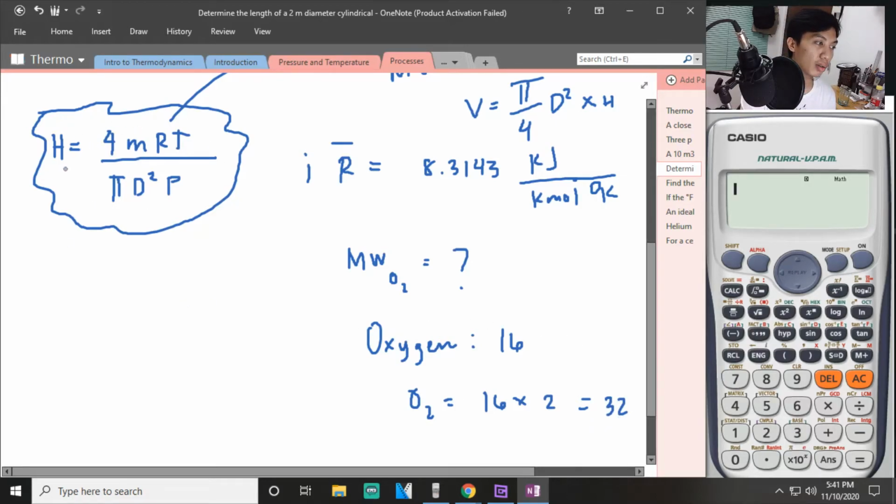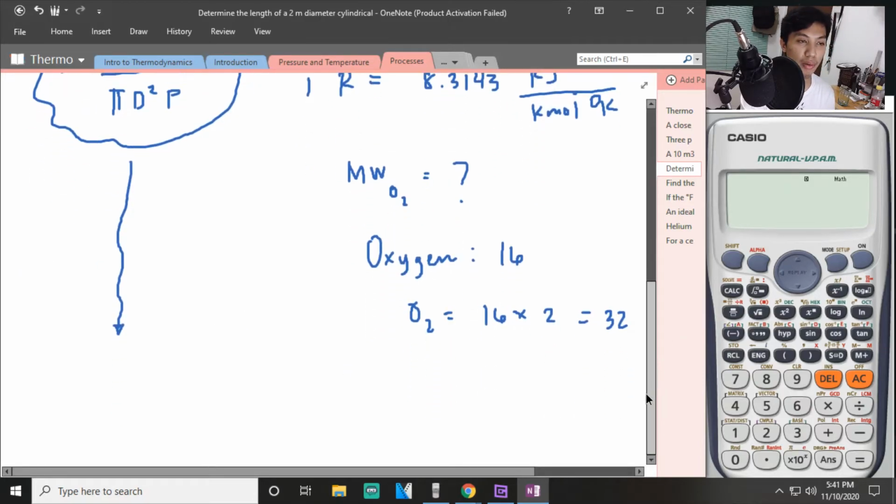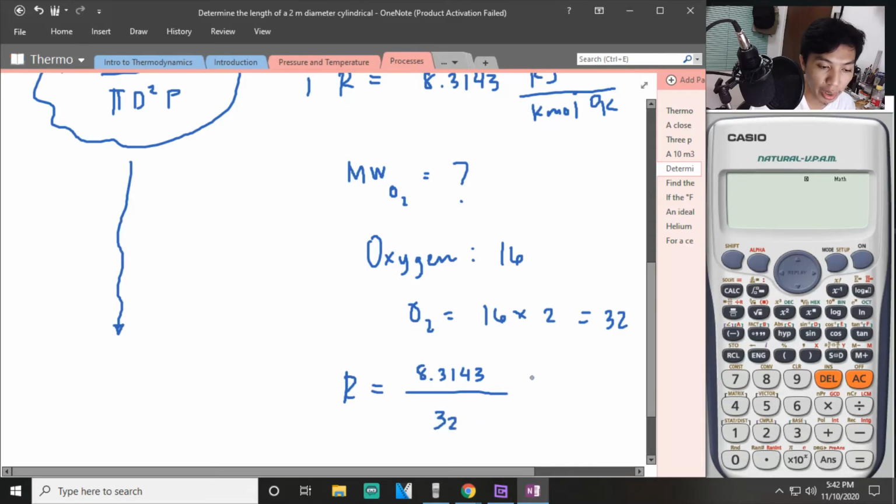Masolve na natin to. So, going back, baba natin dito. Meron na tayong O2 ha. So, solve natin muna si R. That is R bar, 8.3143 over molecular weight 32. Kaya lang, ang lalabas ditong unit dapat kilojoule per kilogram degree Kelvin.